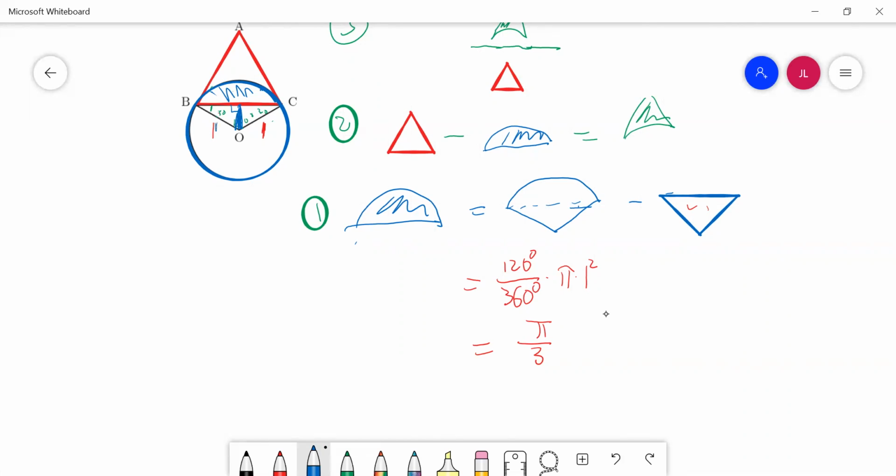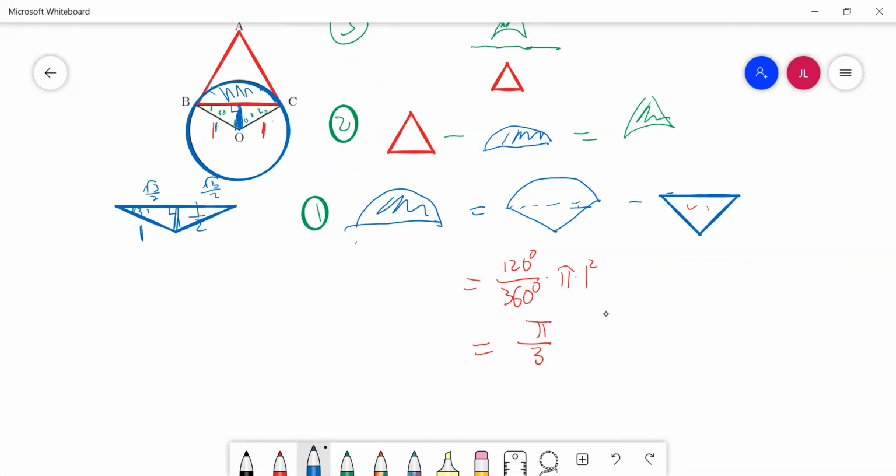We can find the height is going to be 1/2. This is 1, and this is 1/2 because it's a 30, 60, 90 degree triangle. So this one is square root 3/2. But we have another half, so this one is square root 3/2 as well, right? The height is 1/2.